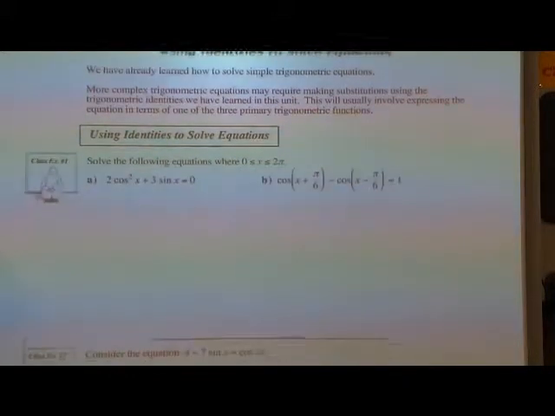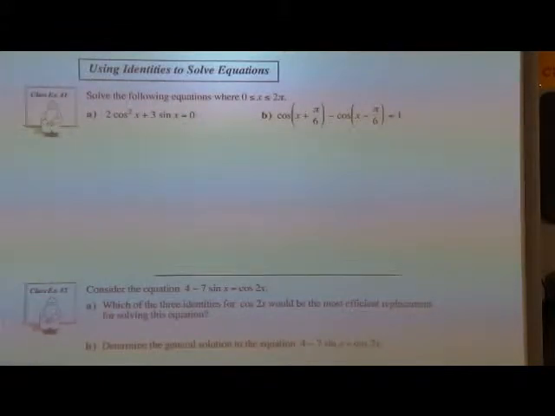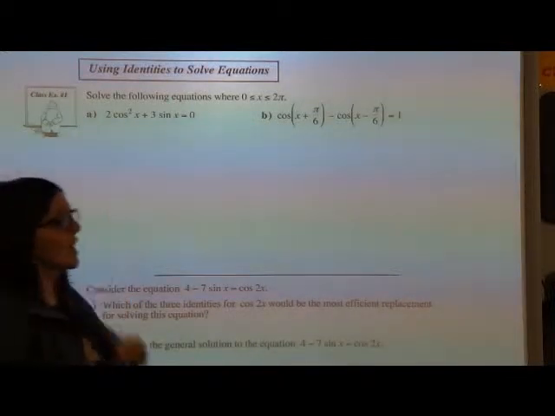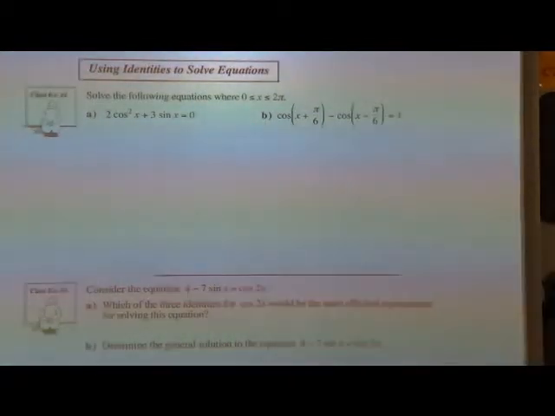So if I look at class example number 1, it says solve the following equations where x is between 0 and 2 pi. So if you look at A, I have 2 cos squared plus 3 sine x. What's the problem with this equation?